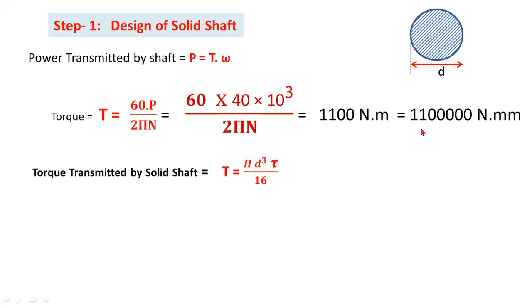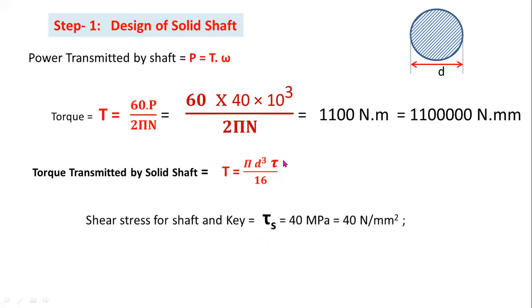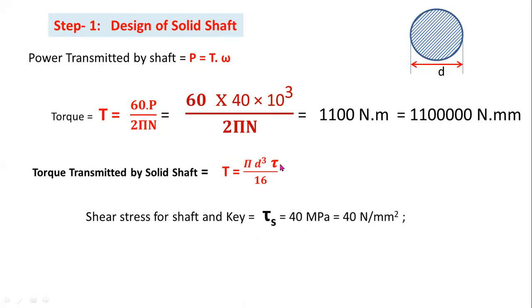After getting the mean torque, you have to use the formula for torque transmitted by the solid shaft: T equal to pi d cube by 16 into tau. Now substitute the value of torque T equal to 11 lakhs Newton mm. Already we know tau s, the shear stress induced in the shaft material, equals 40 megapascal.